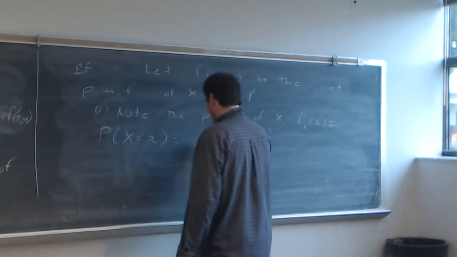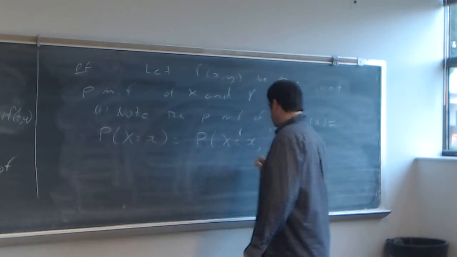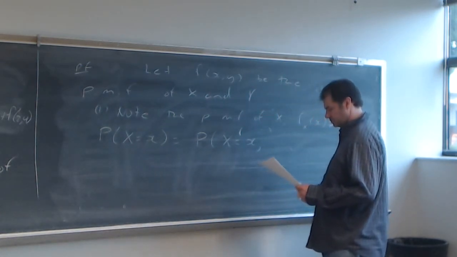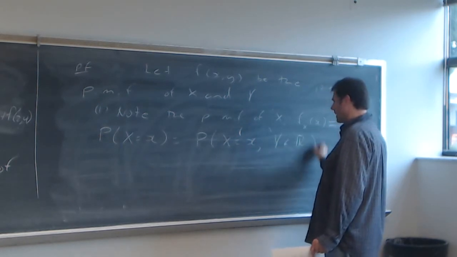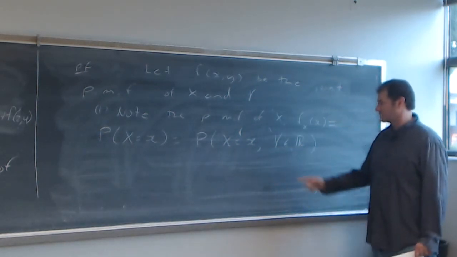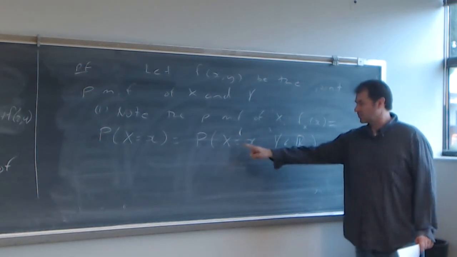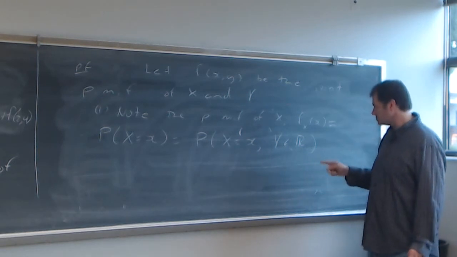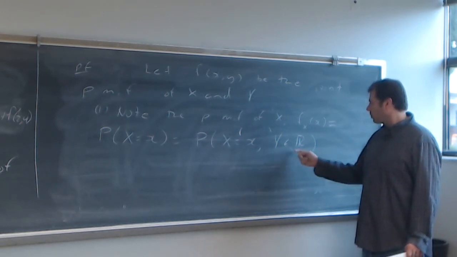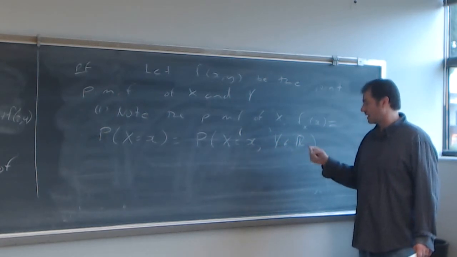This is the same thing as the probability that x equals little x and y is a real number. So no matter what y is, these things are happening. So it's an and: probability x is equal to this, and y is equal to a real number. Well, what's the chance that y is equal to a real number? It's 100%, but we're not being asked the probability that just y is equal to a real number.